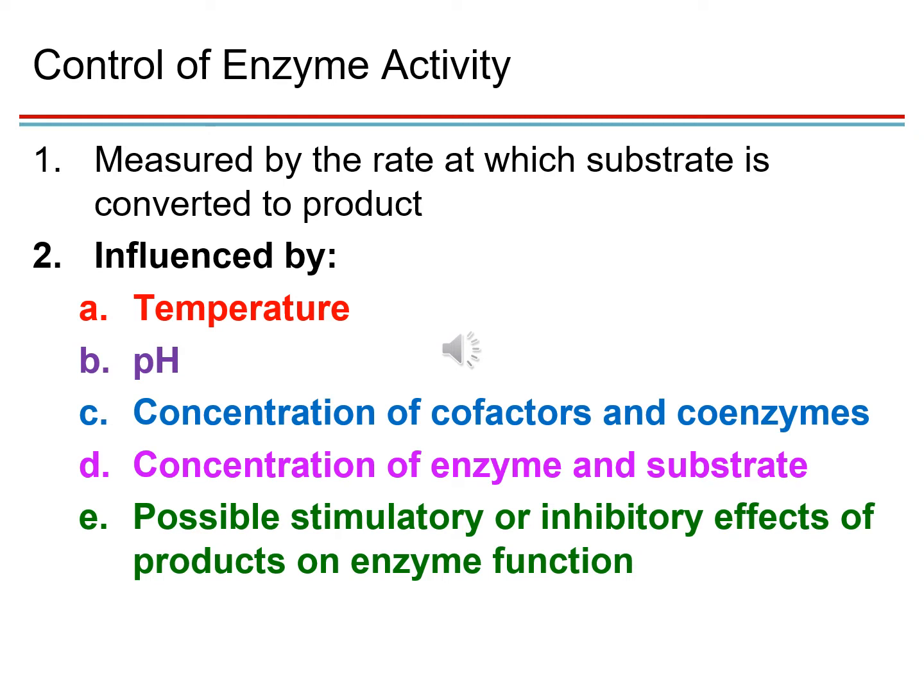This enzyme activity is highly influenced by certain effects. One is temperature, the second one is the pH where the enzyme is found. Also, the enzyme activity is affected by the concentration of cofactors and coenzymes.